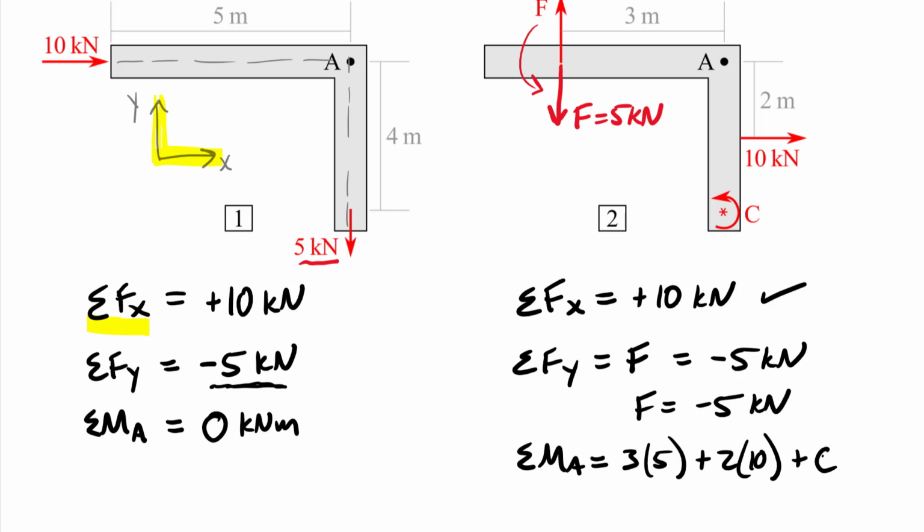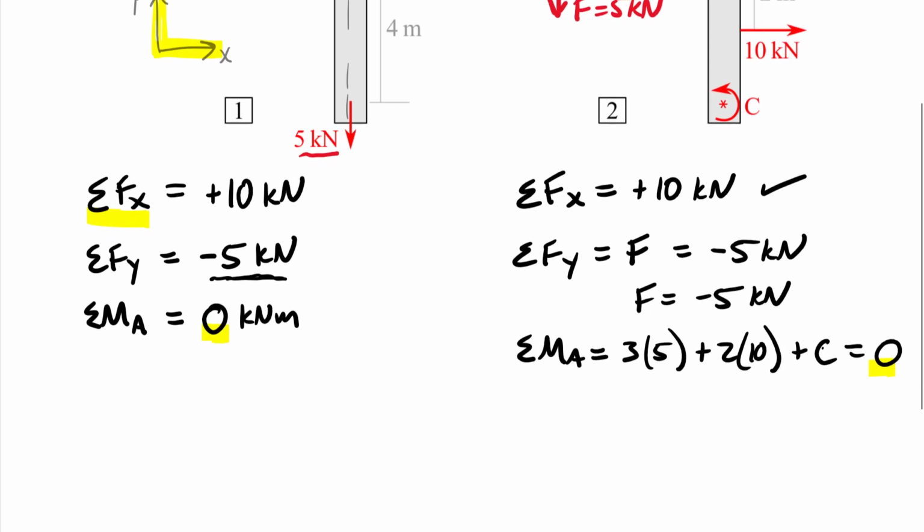so let's just list it as C. Okay, and this is once again going to equal 0, just like this one over here equaled 0, equal to the same amount. So this is not yet equilibrium, but this is equivalency between systems. So now we just need to solve for C, and we find out that C is equal to negative 35 kilonewton meters.